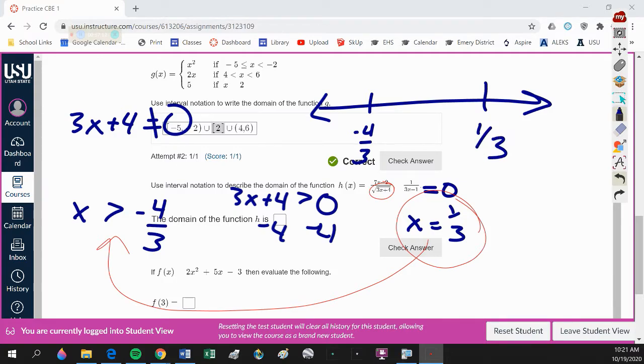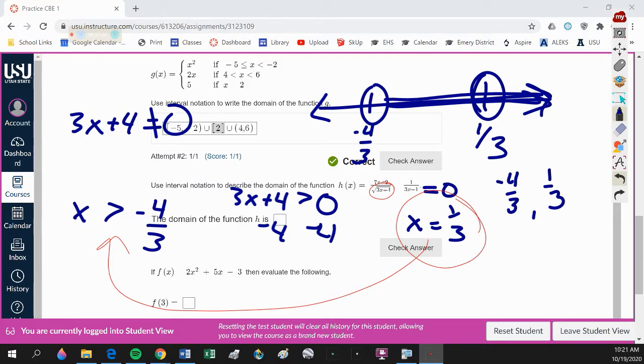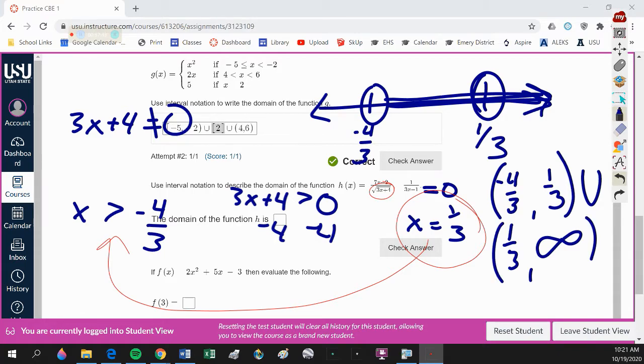Okay. I know everything greater than this is a solution, except 1/3 is not a solution. How would we describe that using interval notation? Negative 4/3 to 1/3. Does negative 4/3 count? No. Parenthesis. Does 1/3 count? No. Union that. 1/3 to infinity. Does 1/3 count? No. And infinity always gets a parenthesis.